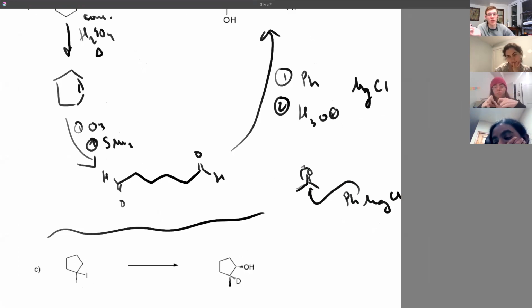So an ester will break open. Acid chlorides and anhydrides will also break open because those have leaving groups. But you're not going to pull carbons or hydrogens off of these. Okay. So that only happens when you have a good leaving group. Yeah, exactly. Okay, thank you.